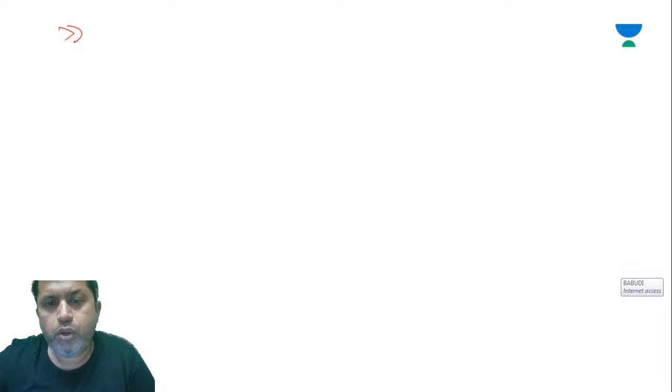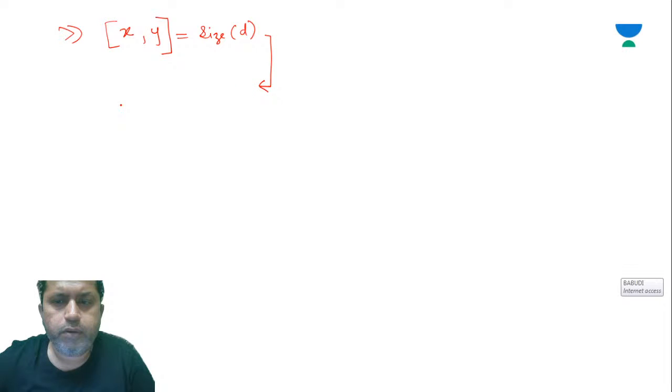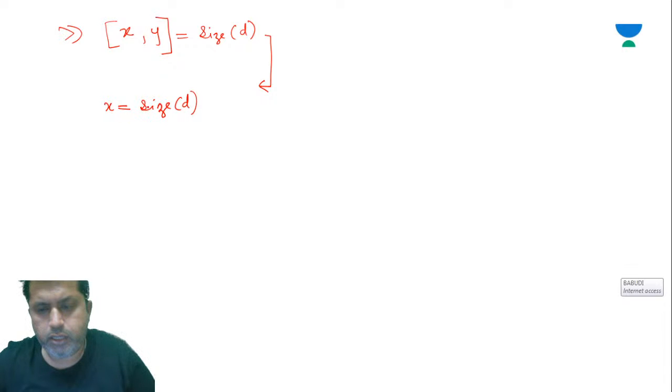row and column. So I will write x comma y is equal to size D. This I will enter. So x will return the number of rows of D. How many rows does D have?